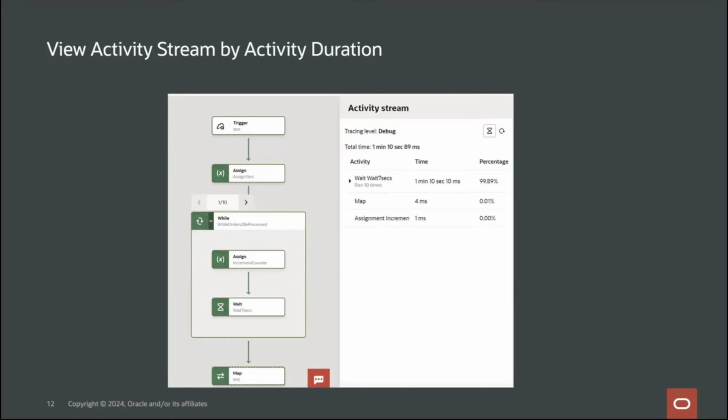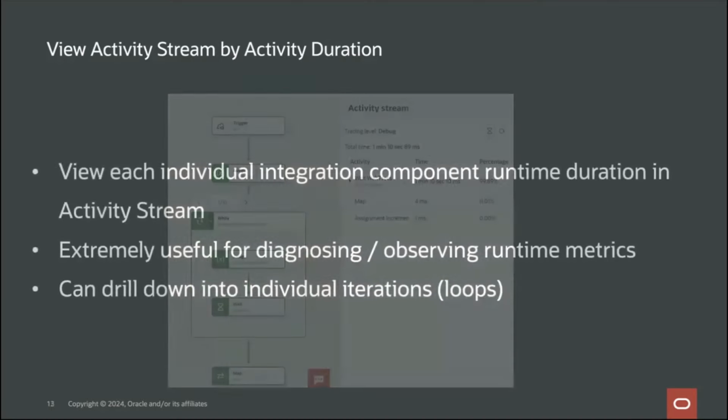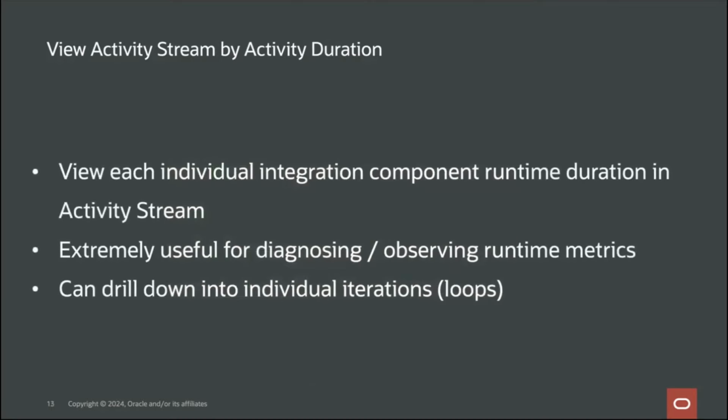But this actually gives you that now and automates that process of seeing what's taking the most amount of time to process in the integration. So very useful visibility and monitoring statistic here. And you can drill down to the individual loop level as well, as I just described earlier.